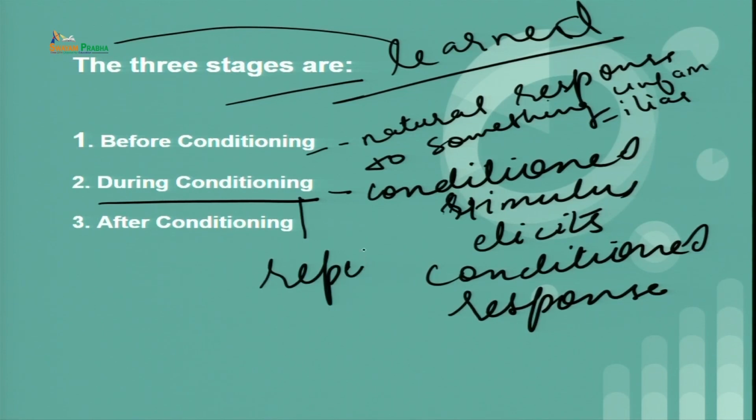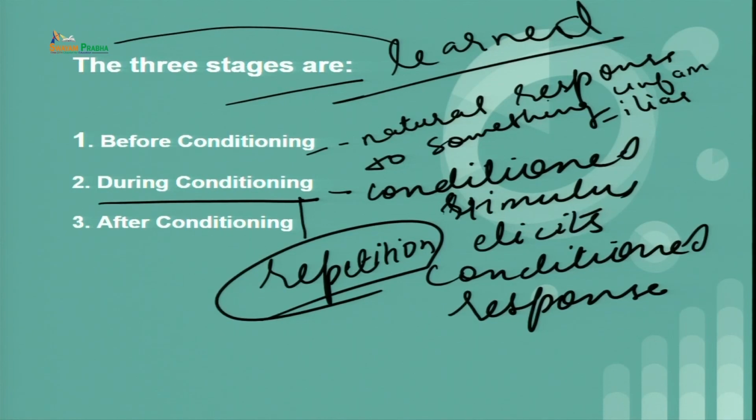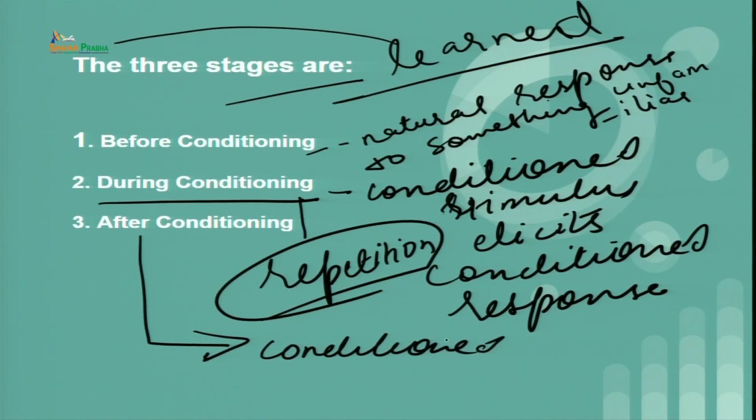So repetition is the key in the second stage, the during one. And after conditioning tells us that when the conditioned stimulus and the unconditioned stimulus have been identified, they will elicit a conditioned response. So I'm writing over here conditioned stimulus and unconditioned stimulus.